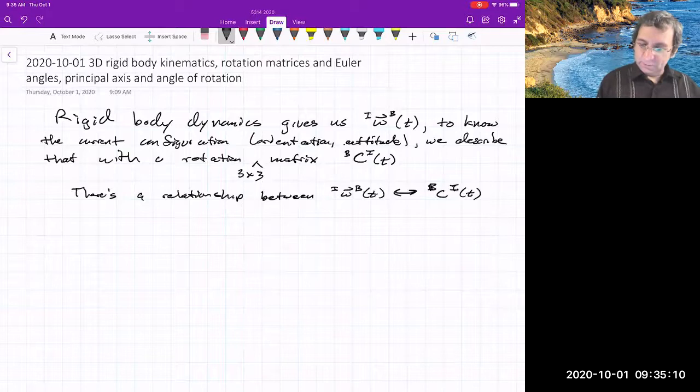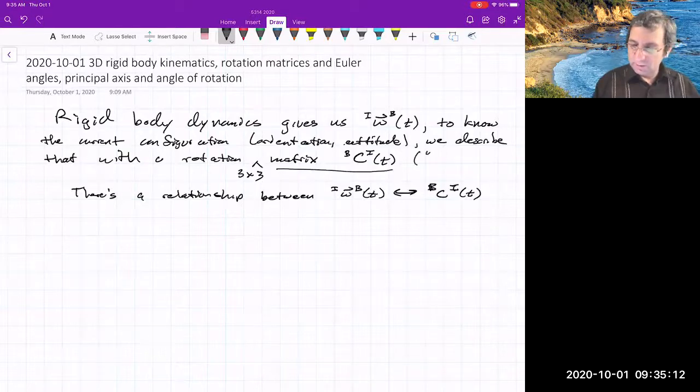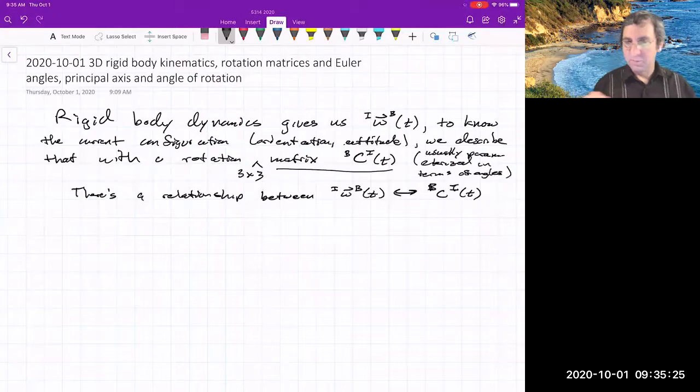This matrix is usually, we say, parameterized in terms of angles of rotation about different axes, and those are called orientation angles or Euler angles.